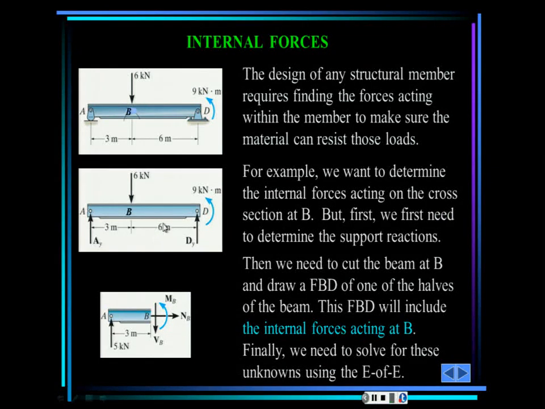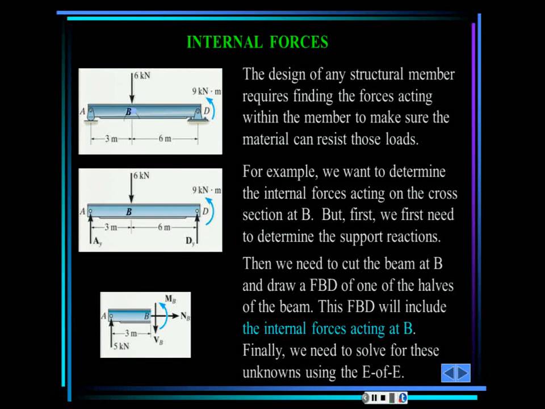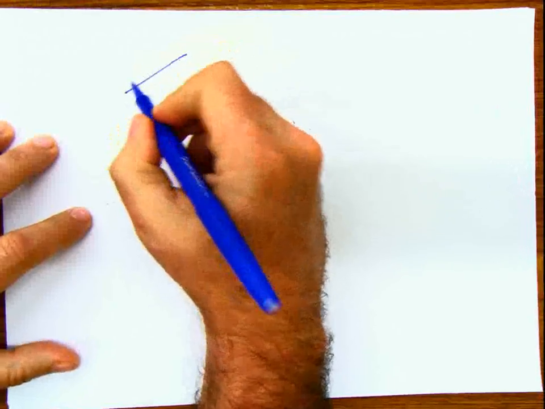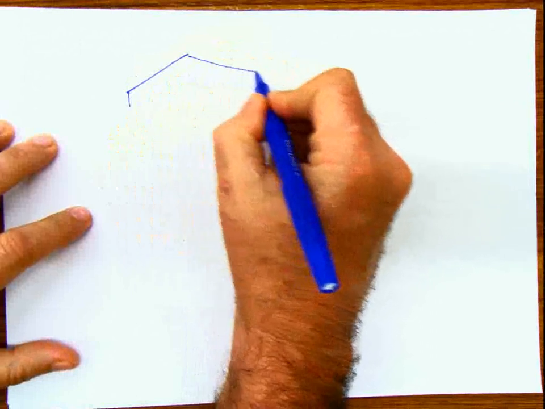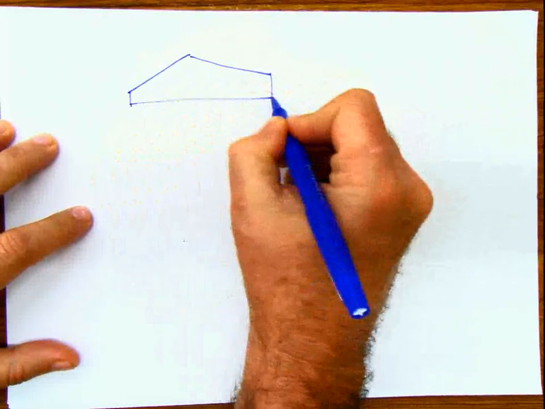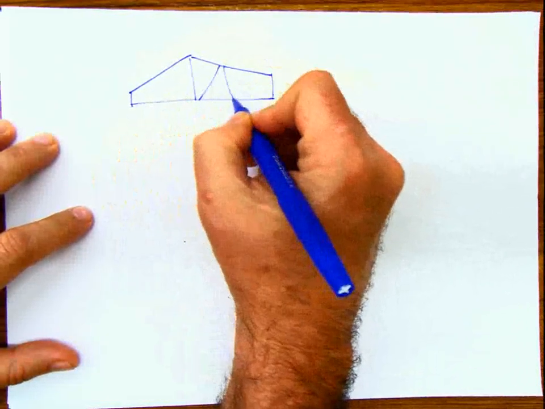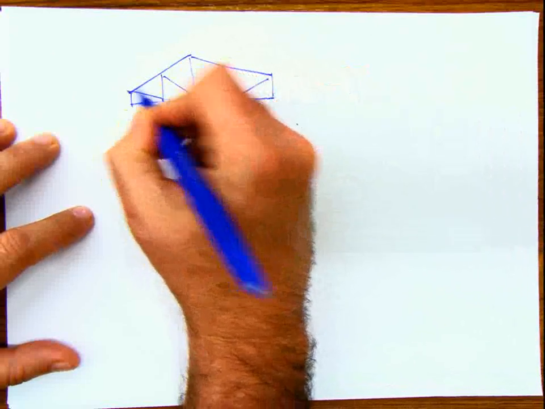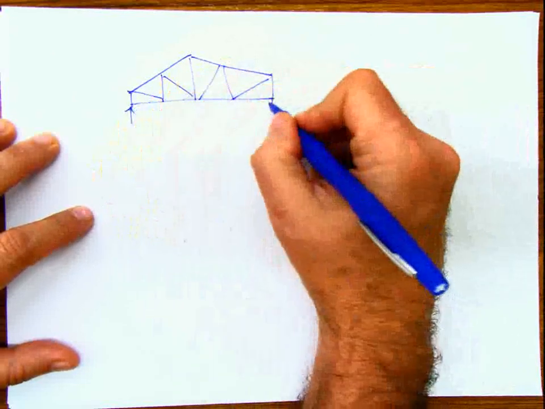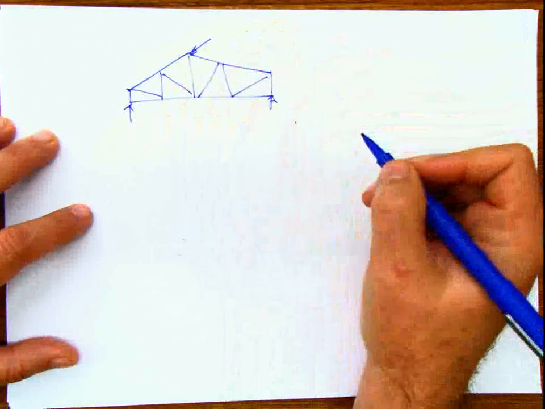So let me switch again to the camera document here really quick, so we can talk about this. We just did a case with a truss, and the truss was something like this. I don't even want to know exactly how the truss was, but let's say that the truss was like that, with a reaction and a force there.